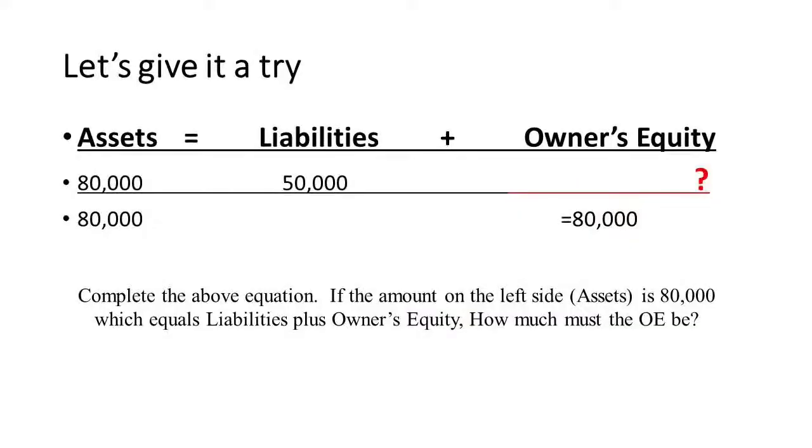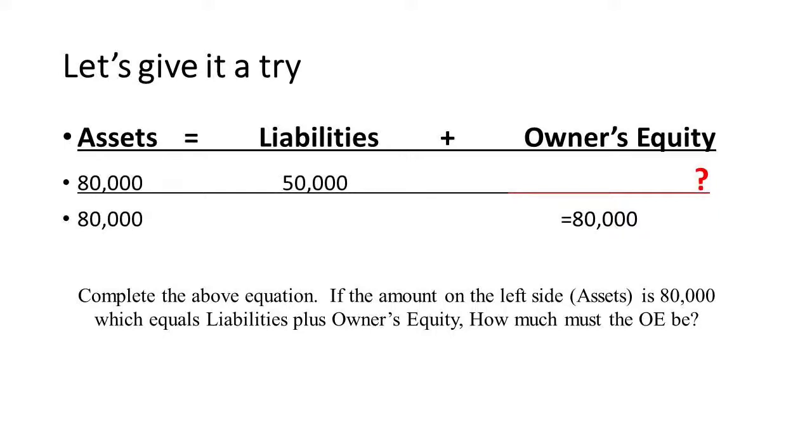Let's give it a try ourselves. In this case, we want to complete the equation. If the amount on the left side, assets, is $80,000, which equals liabilities plus owner's equity, how much would the owner's equity be? So we have assets equaling $80,000, and liabilities equal $50,000.